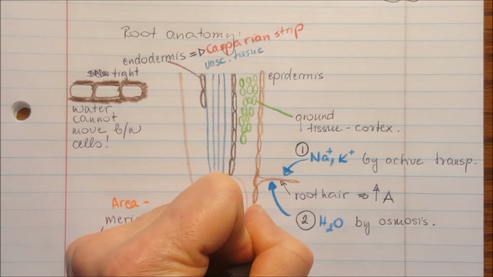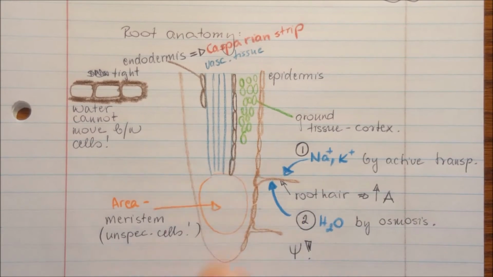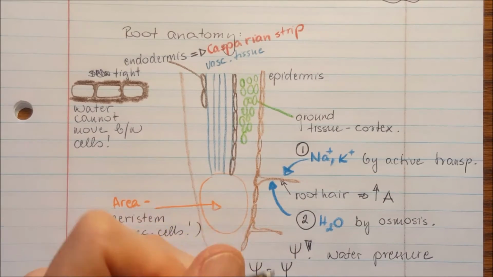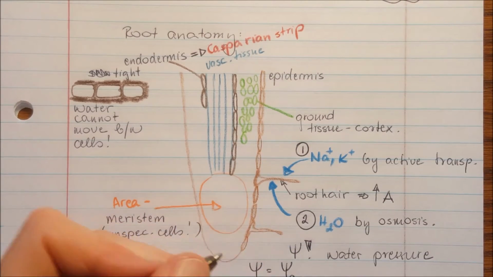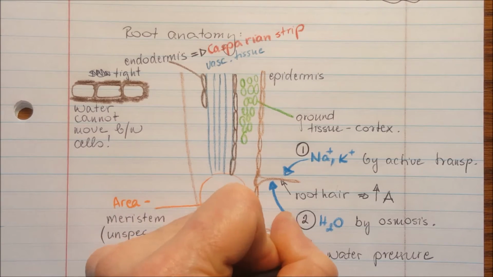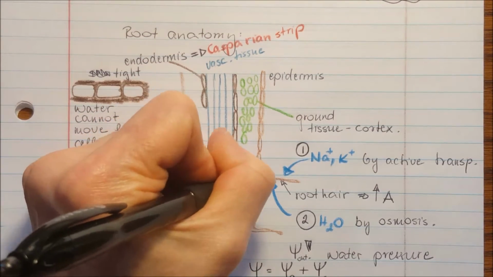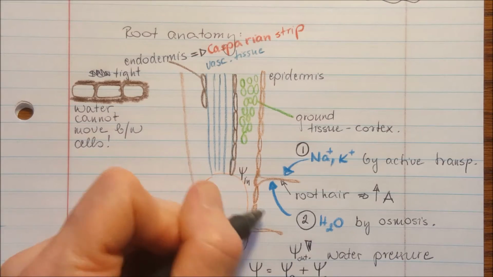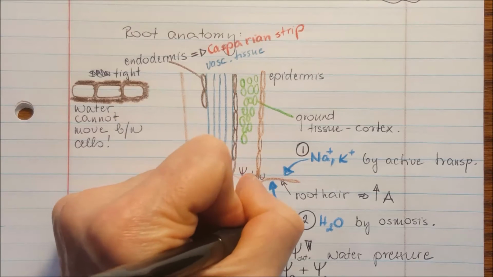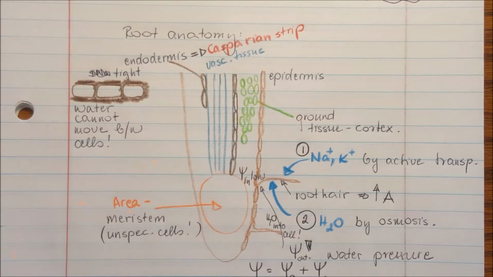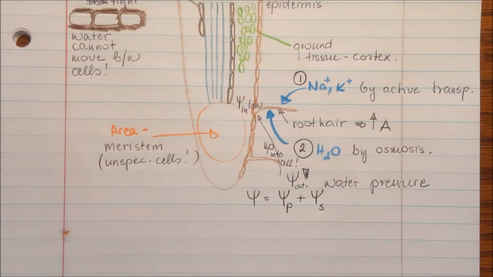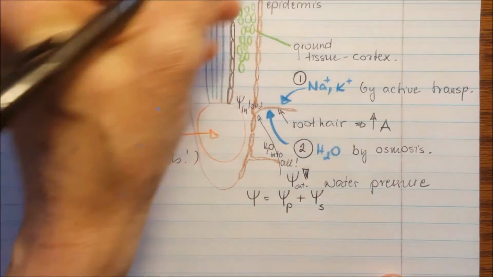The water goes from a high water potential to a low water potential. Recall that water potential equals the pressure potential in the cell or from the outside, as well as the solute potential. So the water potential has to be lower inside, so the water goes from the outside to the inside through osmosis.